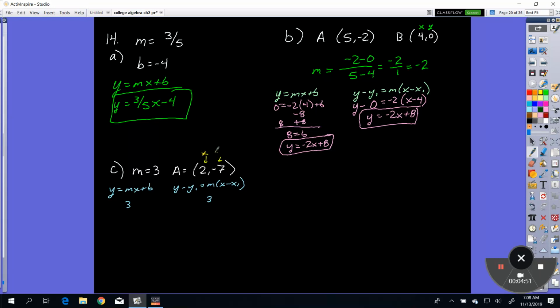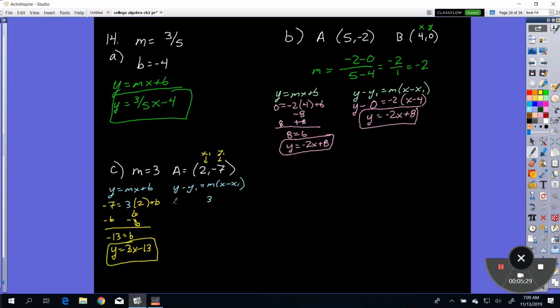So that's x and that's y. If it's the point-slope, that's x1, y1. So y is -7, m is 3, x is 2 plus b. 3 times 2 is 6. Minus 6 from each side. So I get negative 13 equals b. So y equals 3x minus 13.